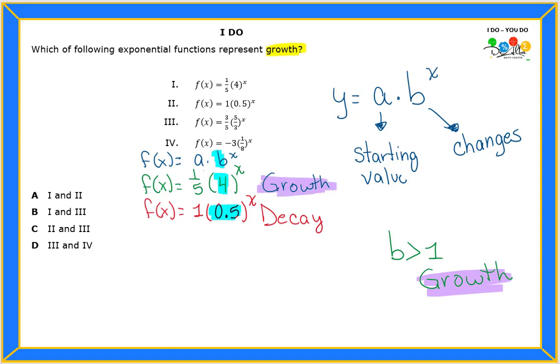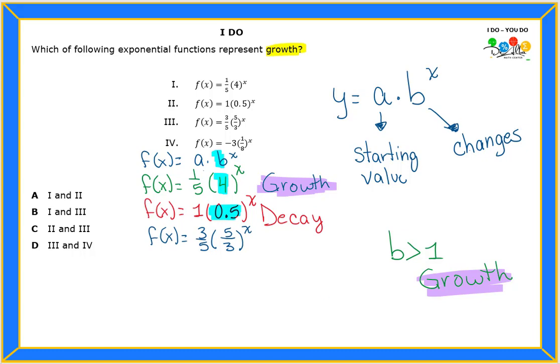Okay, what about the next one? Let's go on to the next function, number 3, right? So this will be f of x equals 3/5, and then this will be 5/3 to the x power. So 5/3, is that, and please be careful because a lot of the times we think that 5/3 looks like a fraction, therefore it has to be a number less than 1.